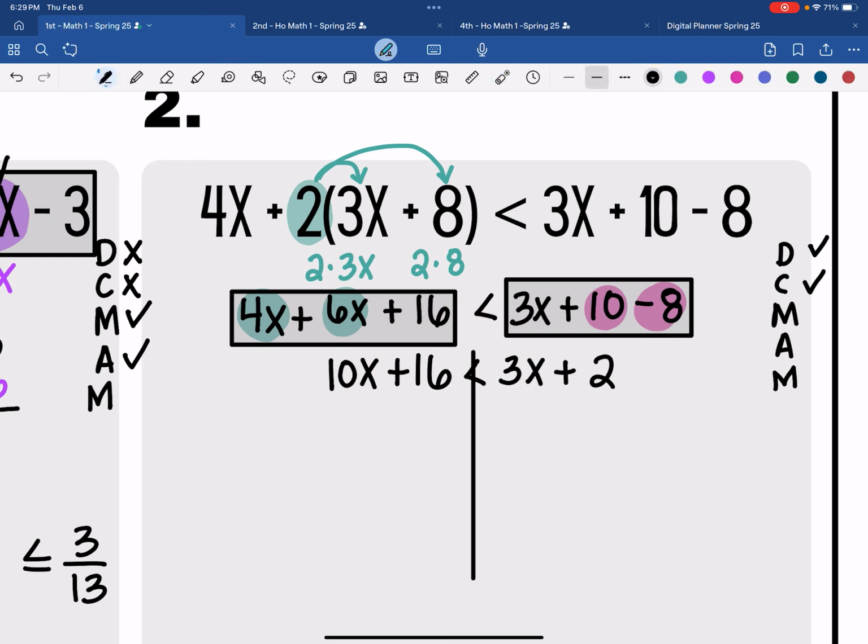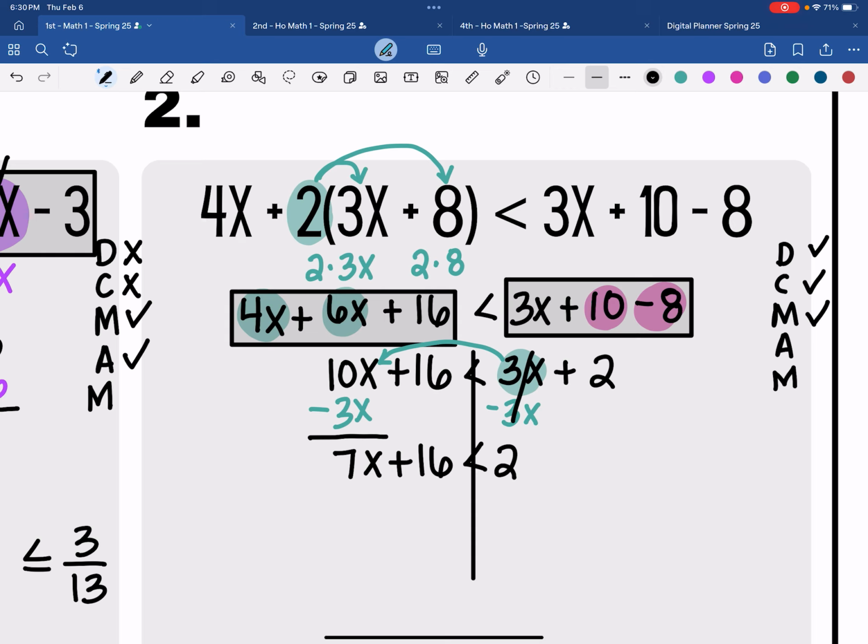So in order to move that, we're going to take that 3x and either add or subtract it. Since it's positive, we're going to subtract the 3x, and that's going to combine with the 10x. So 10x minus 3x is 7x, plus 16 is less than positive 2.